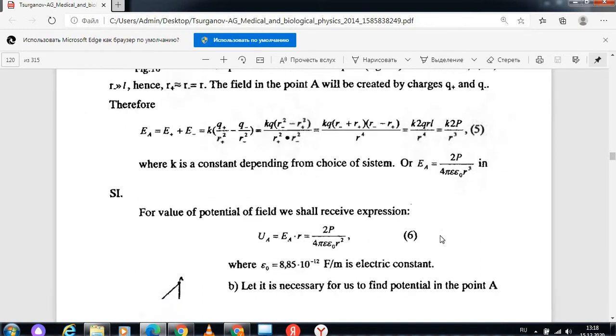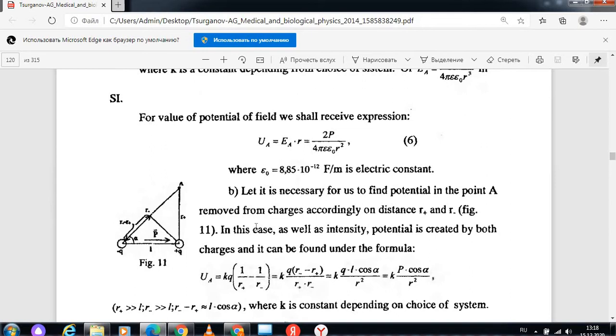So for the value of potential of the field, we shall receive an expression where U, or the difference of potentials of the field, equals the intensity of the field multiplied by r, the distance from the point, from the dipole.